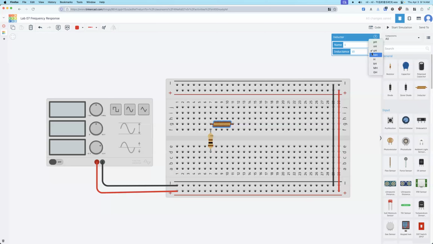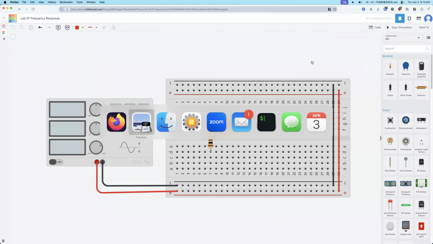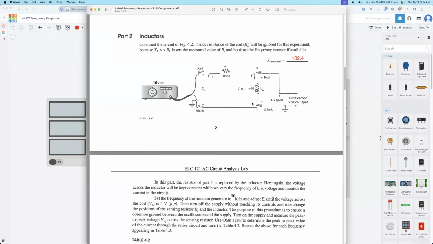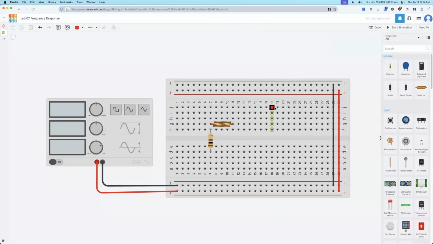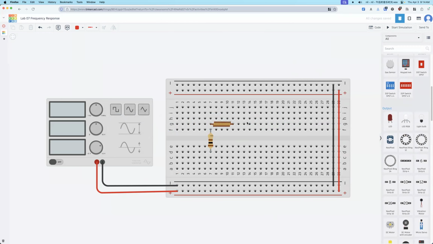This is the 1 millihenry. Let me double check. Yes, 1 millihenry. Then this goes to negative, and this one goes to positive. Change to green. So positive goes to the resistor, then to the inductor, then to ground or negative.